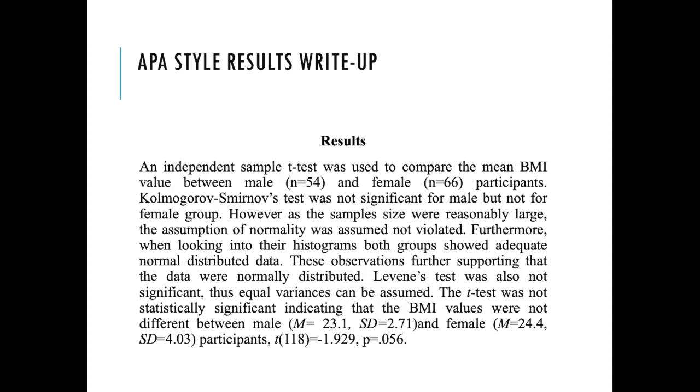Furthermore, when looking at the histograms, both groups showed adequately normally distributed data, further supporting that the data were normally distributed. Levene's test was also not significant, thus equal variance can be assumed. The t-test was not statistically significant, indicating that the BMI values were not different between male and female participants.